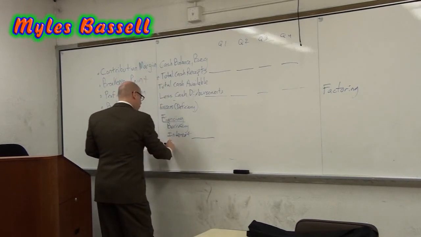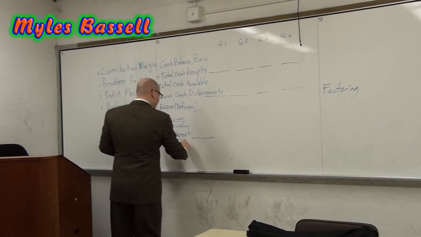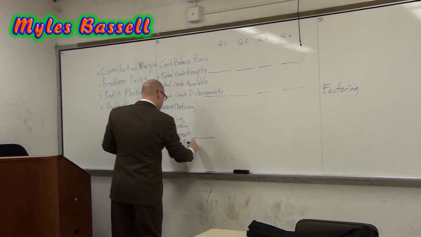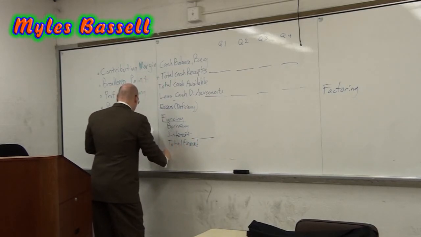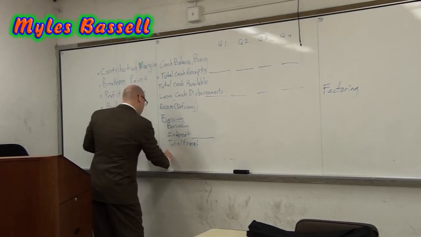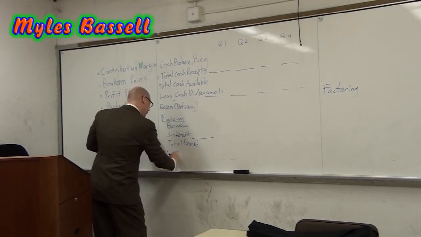So we have the principal and the interest. That's going to tell us the total financed amount. And then we're going to have the cash balance at the end of the quarter.